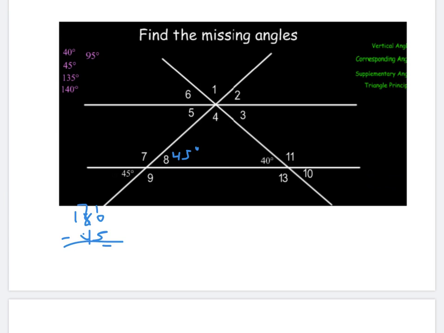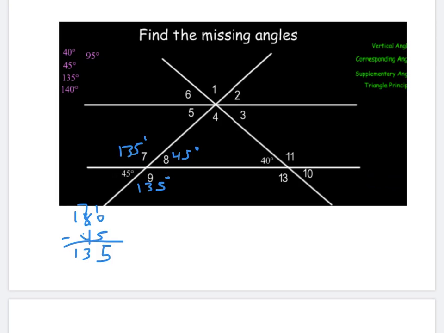So 10 minus 5 is 5, 7 minus 4 is 3, and 1 minus nothing is 1, sorry. So that means I have 135 degrees as my angle number 7, which should then make my angle 9 135 degrees as well, because angle 7 and angle 9 in this picture are across from each other, which makes them vertical, which also makes them have the same measurement.